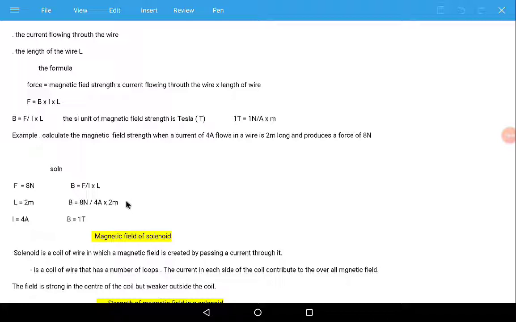So 4 times 2 is 8. Now 8 Newton divided by 8 ampere meter is 1. So magnetic field strength is equal to 1 Tesla.